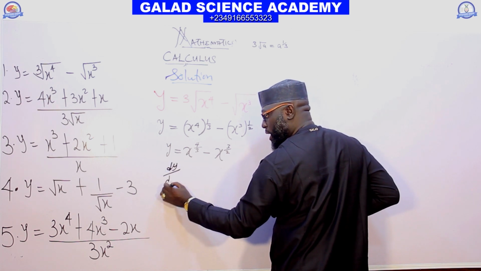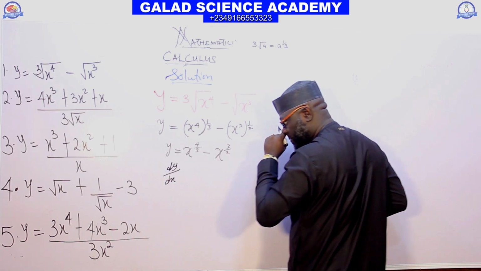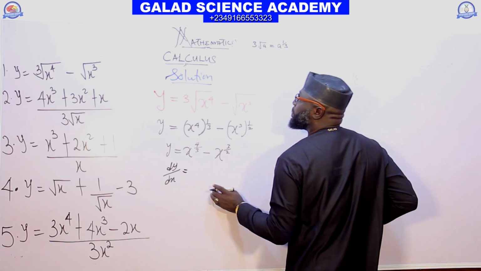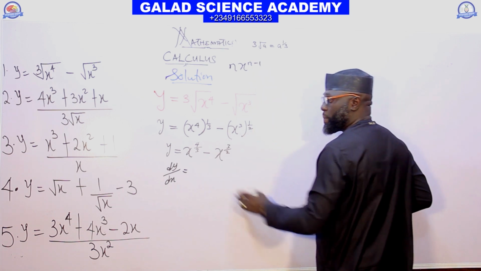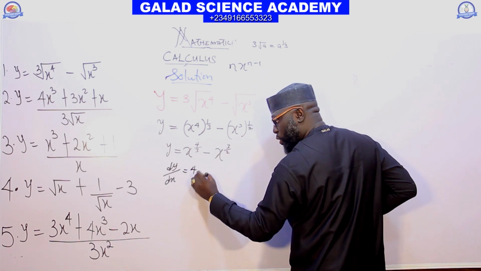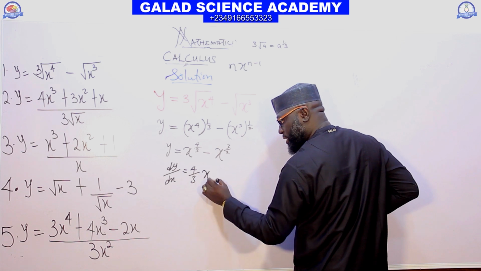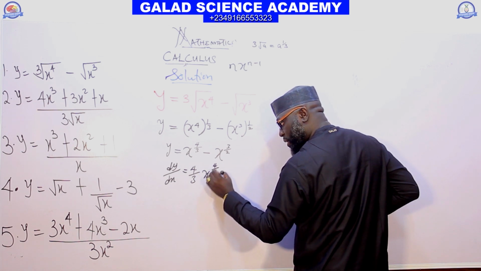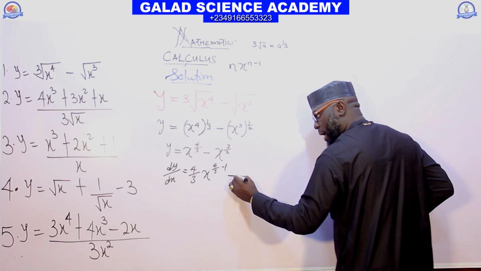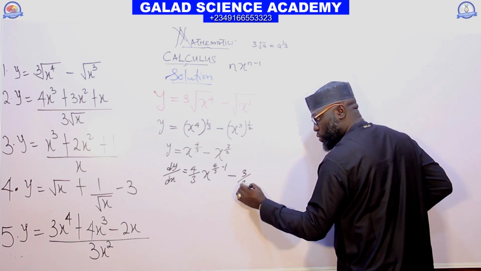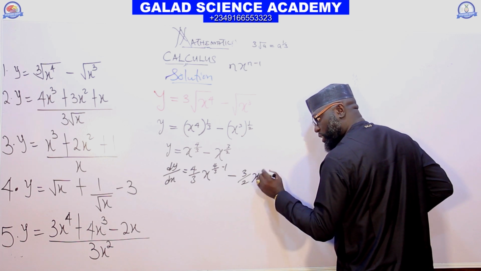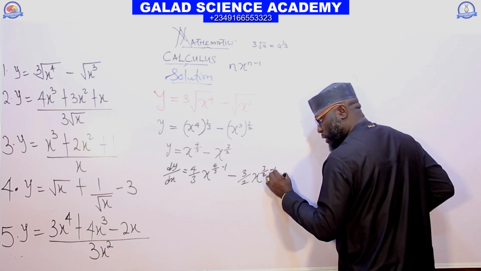dy dx will now be: apply the general formula, which is n x exponential n minus 1. My n here is 4 over 3, then x will be 4 over 3 minus 1. Minus, my n here is 3 over 2, x exponential 3 over 2 minus 1.